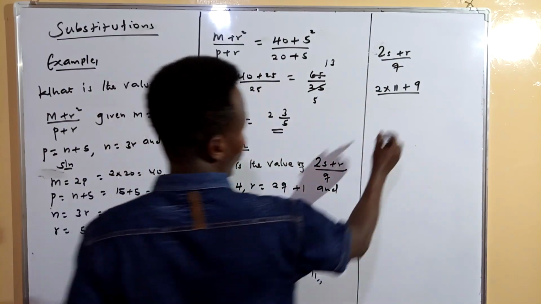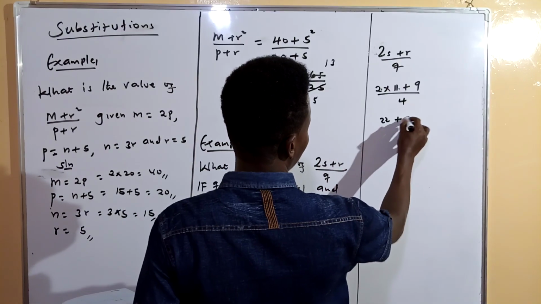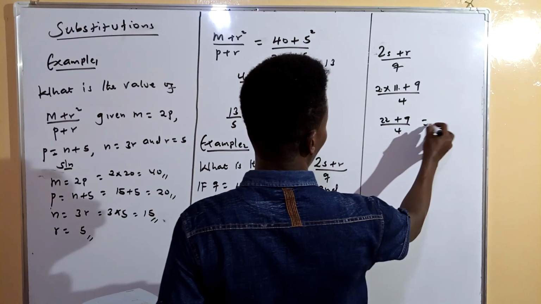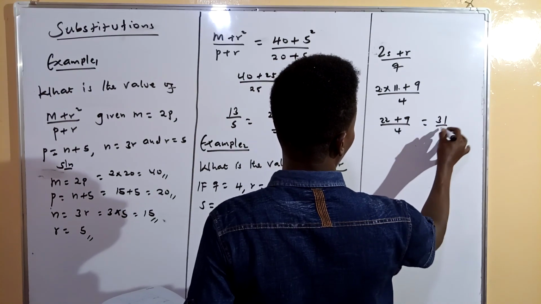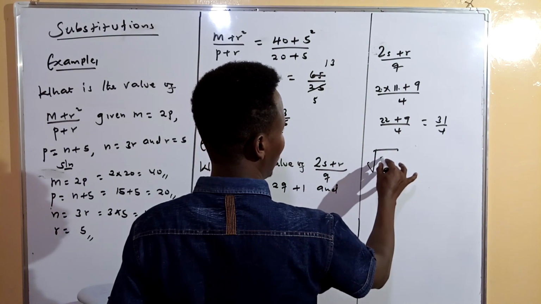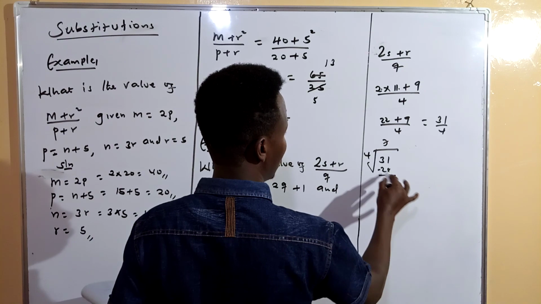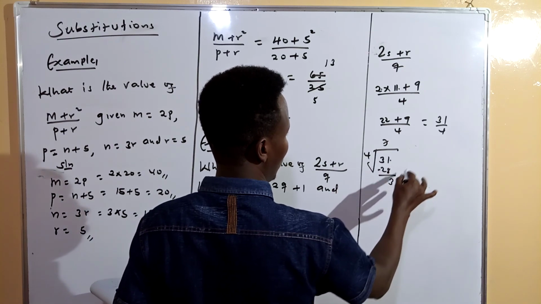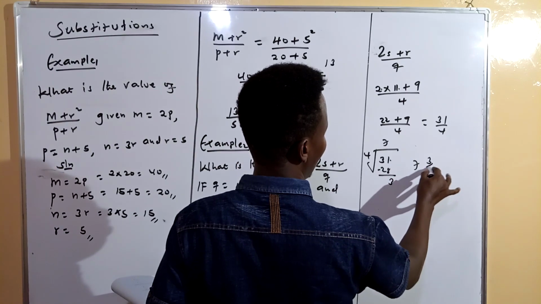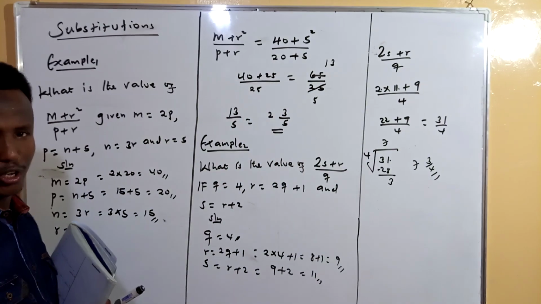Our q is 4. So 2 times 11 is 22, plus 9, divided by 4. So it will give us 31 divided by 4. If you divide further, 7 goes because of 28. Subtract, 3. That's 7 whole number, 3 out of 4. That will be the final answer.